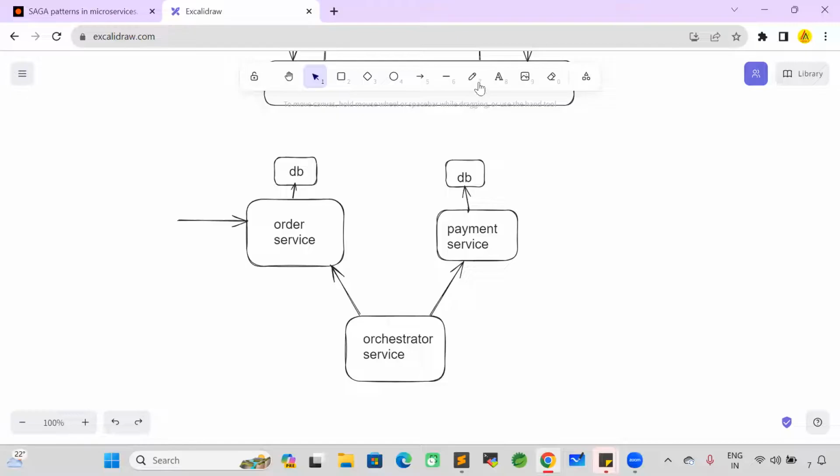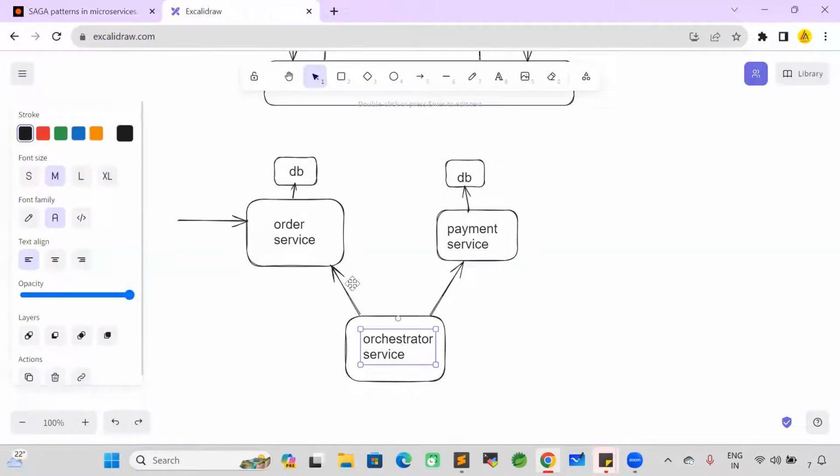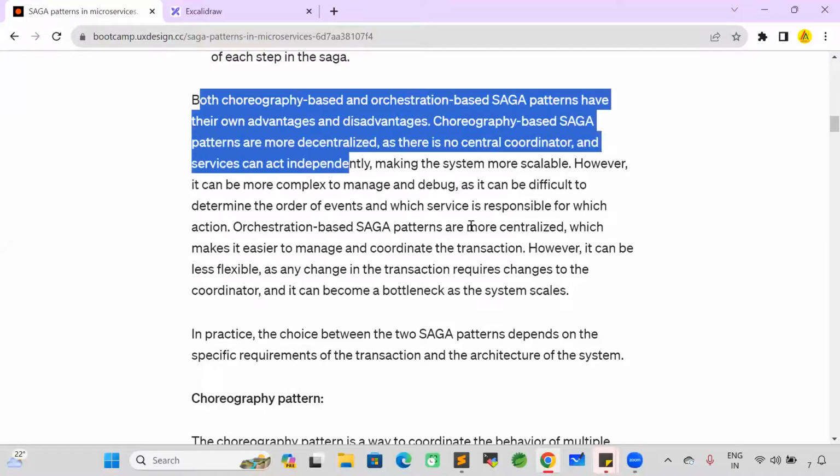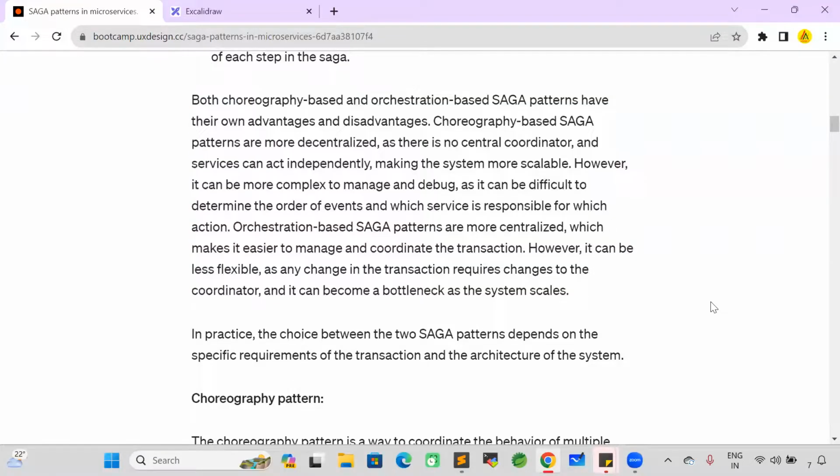When the complexity is increasing, when the number of services is increasing, we always need to keep updating our orchestrator service. So it depends on the requirement, we can decide whether to go for choreography or orchestrator. If it is a large scale system, better to go for choreography. If it is a small scale system, go for orchestrator.